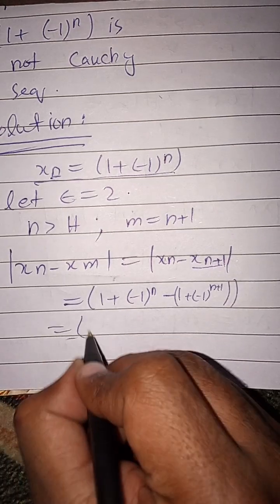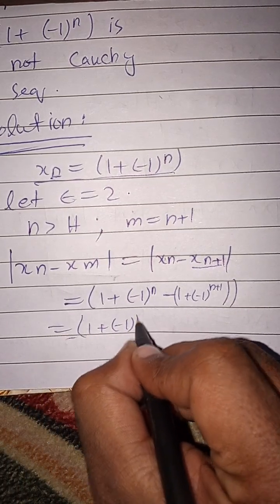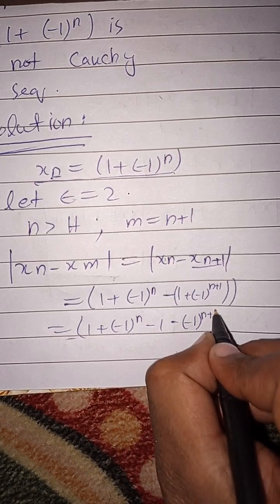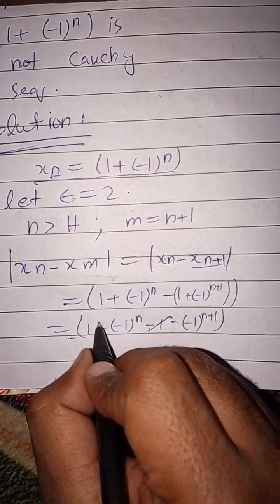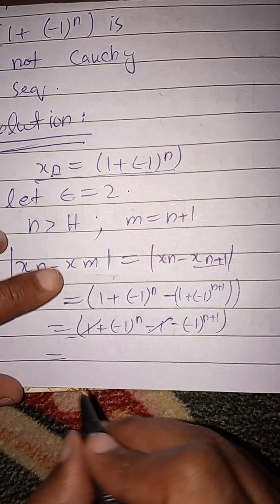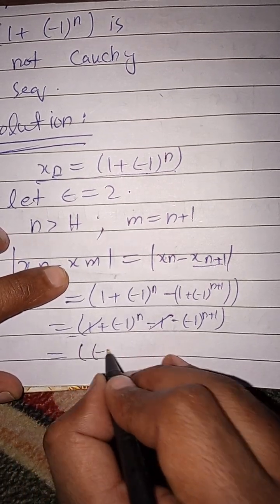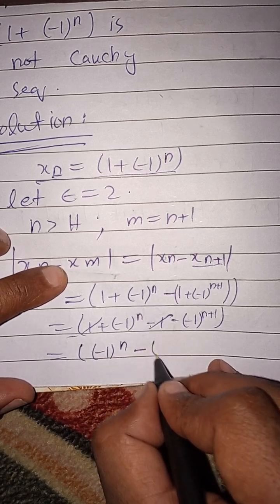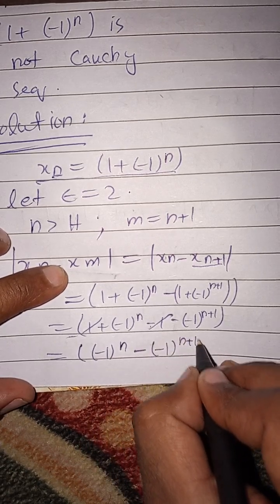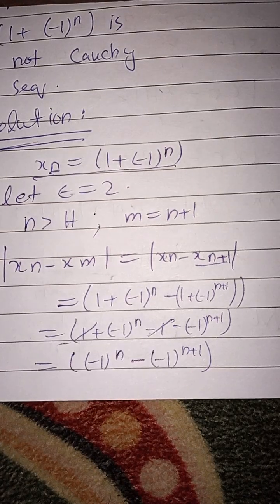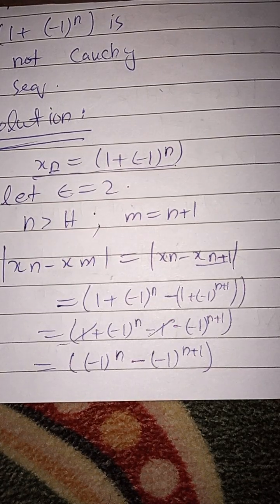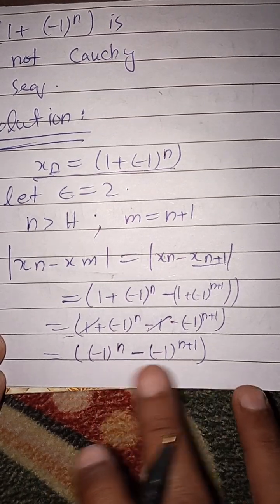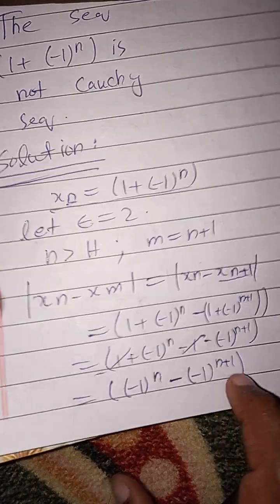Then we will get 1 plus minus 1 power n minus 1 minus minus 1 power n plus 1. The 1s cancel. Then we will get minus 1 power n minus minus 1 power n plus 1. And now this minus 1 depends upon n and n plus 1.